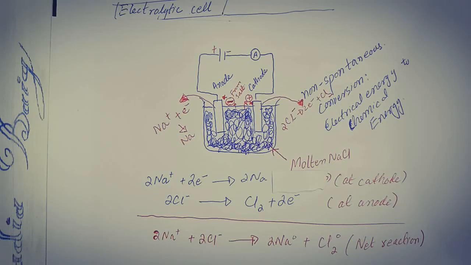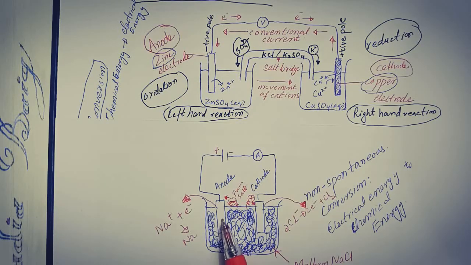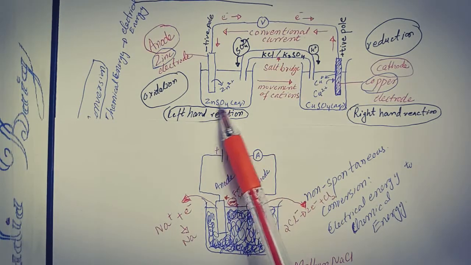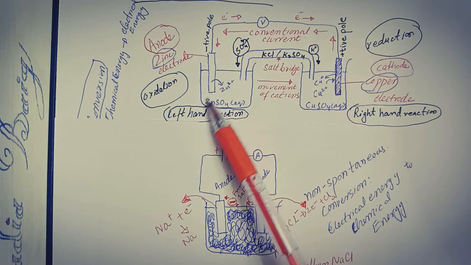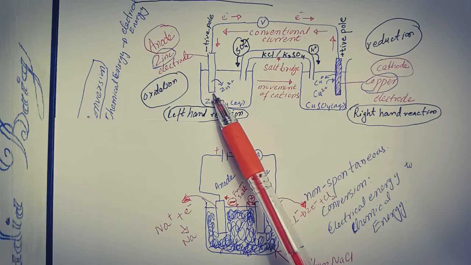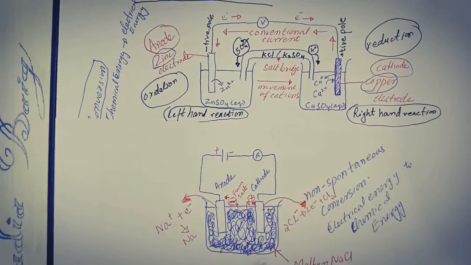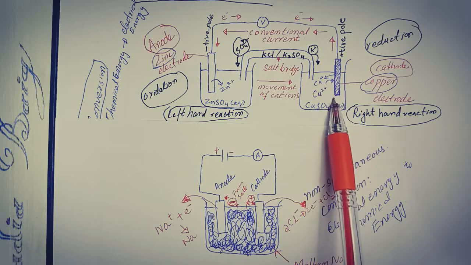Here the reduction is taking place at the cathode, whereas in the case of galvanic cell the process of oxidation is observed at the surface of the anode, and conversely the oxidation is observed at the cathode in the electrolytic cell, but here the reduction is taking place at the cathode.